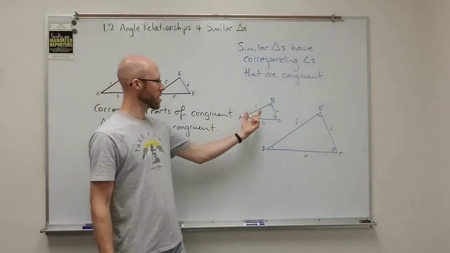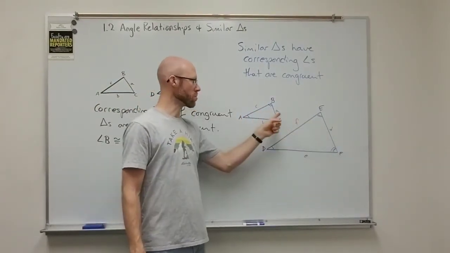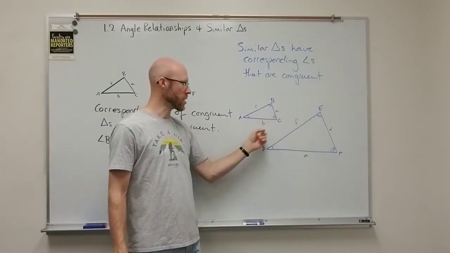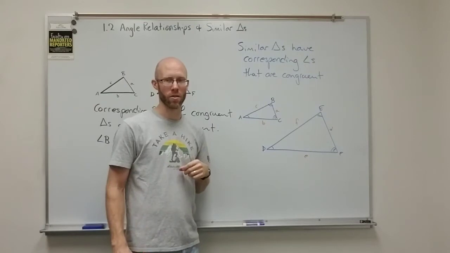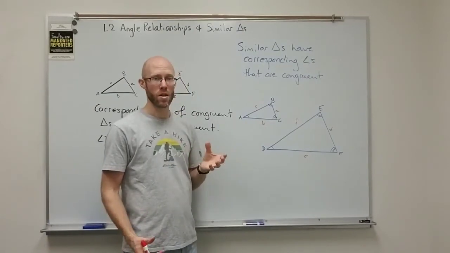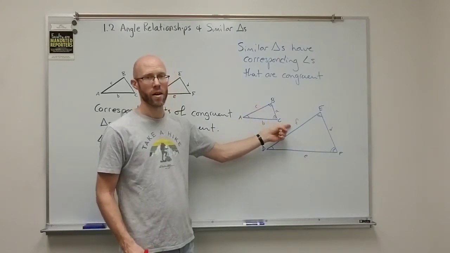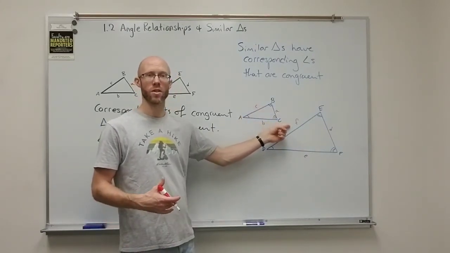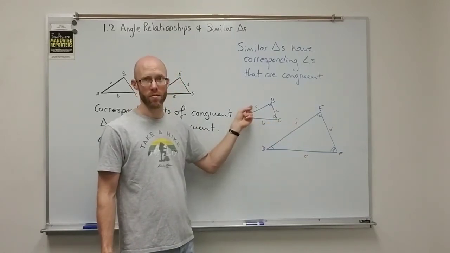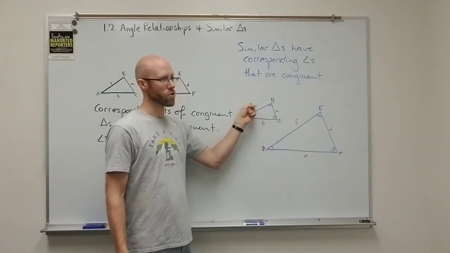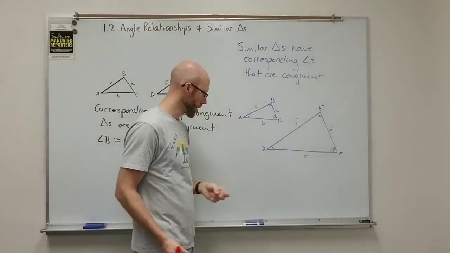So for instance, if F is twice as long as C, then D would be twice as long as A, and E would be twice as long as B. They're all scaled by the same factor. And for that reason, if you divide corresponding sides, you'll get the same number every time. So if F were twice the length of C, then F over C is 2. And all those corresponding ratios are the same.